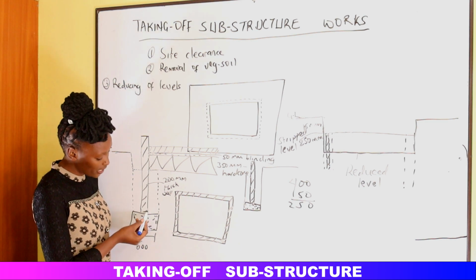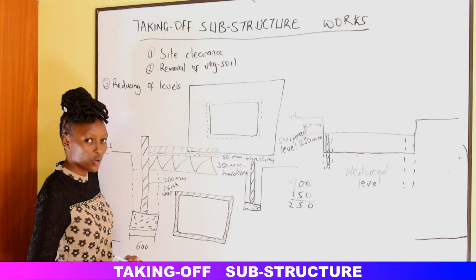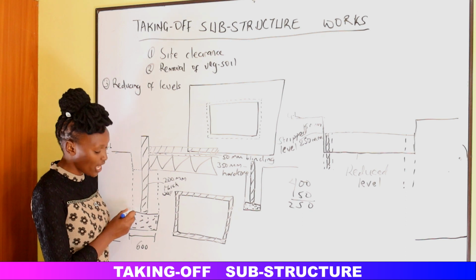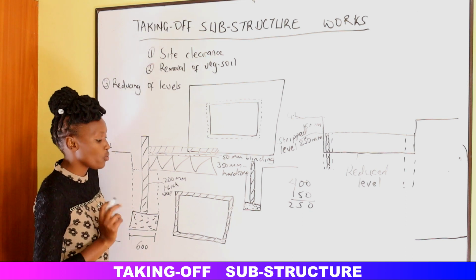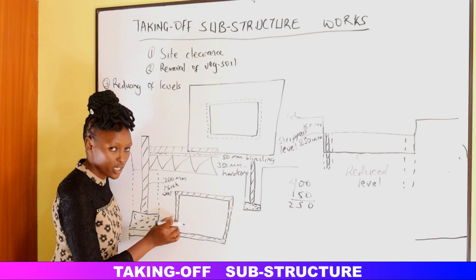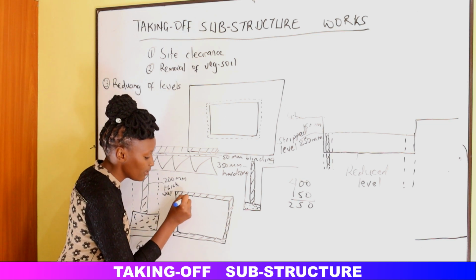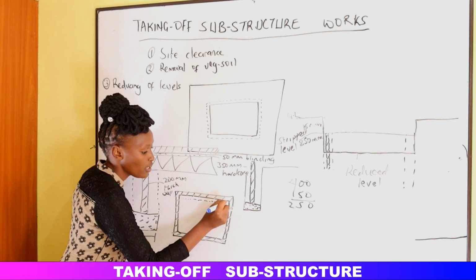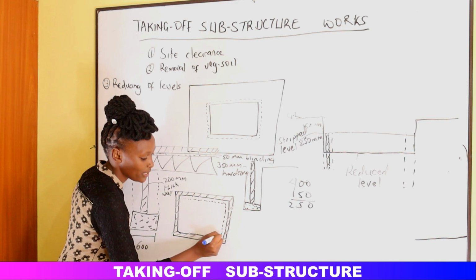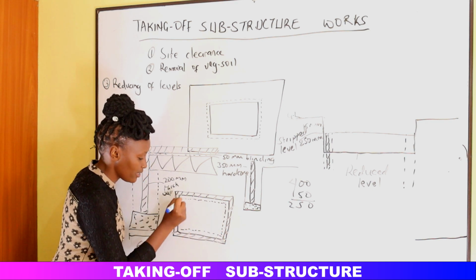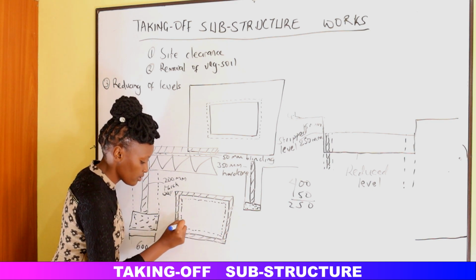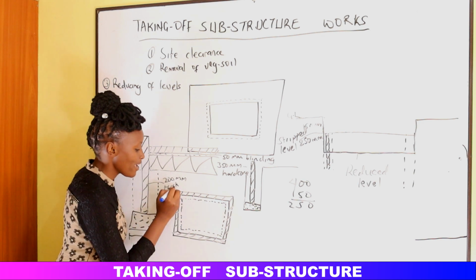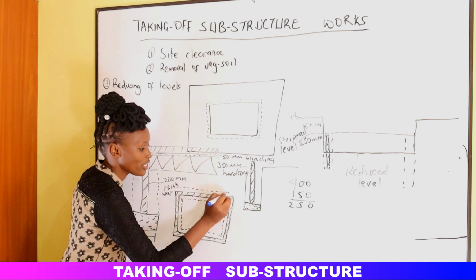It has a spread to the inside by 200, then a spread to the outside by 200. So what does that mean? This is the wall. The trench will be inside by 200. So if we sketch the trench on the building, it shall be like this. The trench will be like that. Then on the outside, it shall be like this.